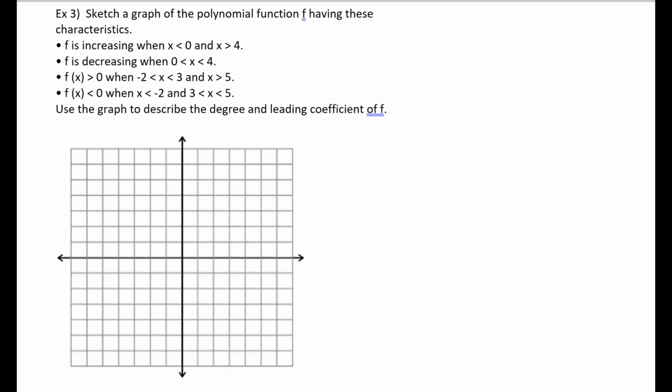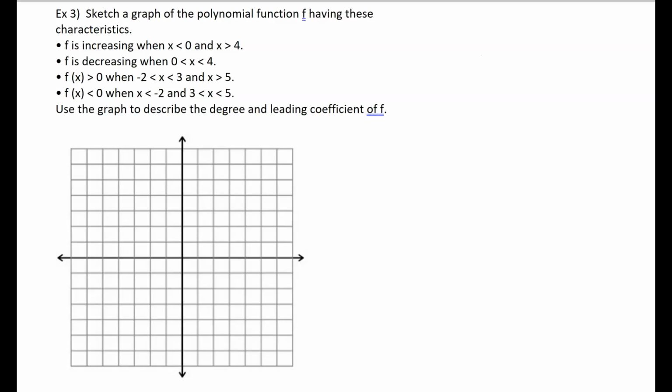For these, it is asking us to sketch the graph of the polynomial with the features that it has provided for us. And then once we have that, we use that information to determine what the degree of the function is and also what the leading coefficient is, okay?